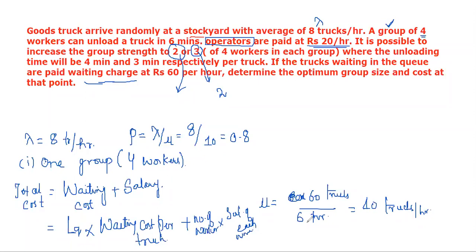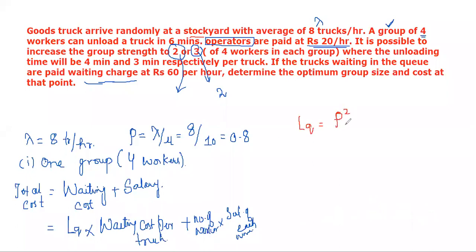Now we need to find the length of the queue. That will be found by the formula which we have studied. If you remember, the formula for the length of the queue is equal to rho squared divided by 1 minus rho.